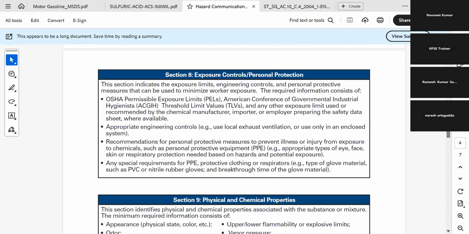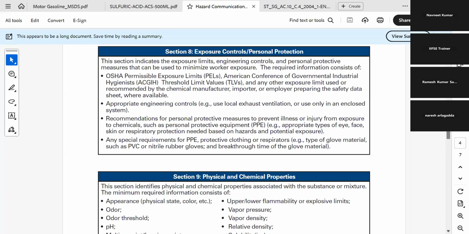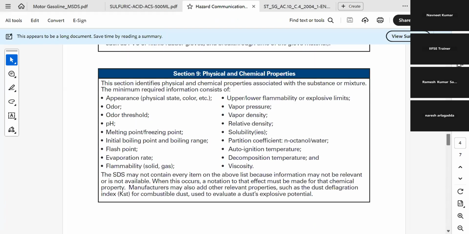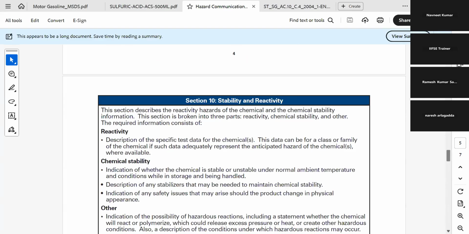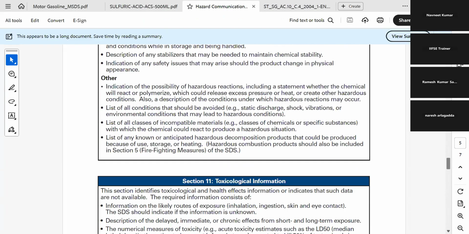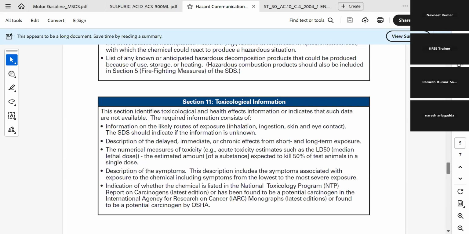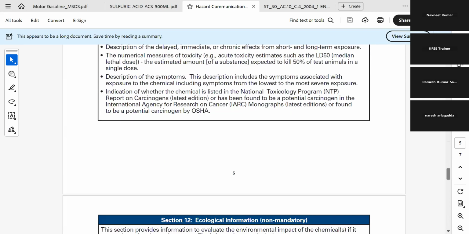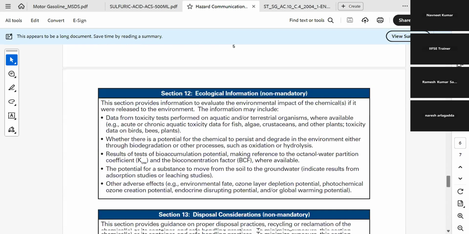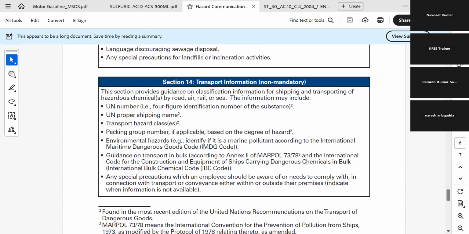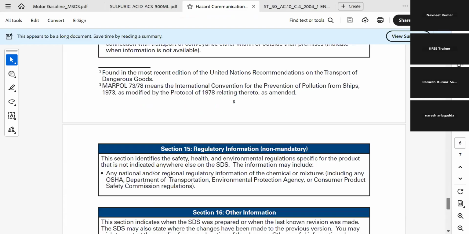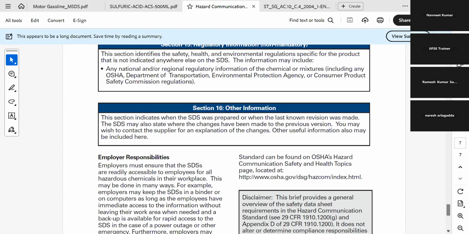Then exposure controls, which is nothing but personal protection, physical and chemical properties, and stability and reactivity. Then 11th is toxicological information. Then 12th is ecological information, disposal considerations, transportation, regulatory information, and other information.